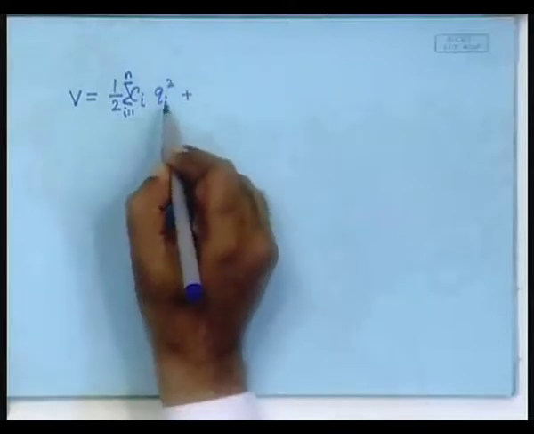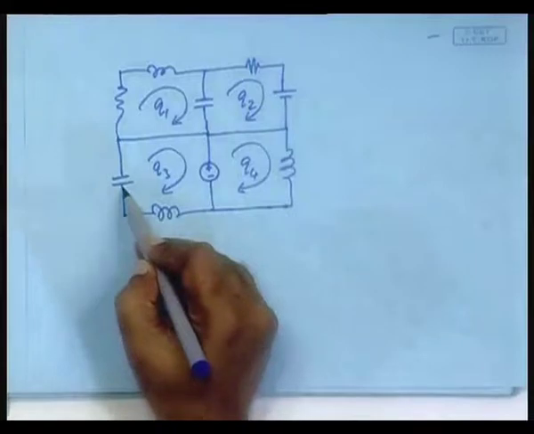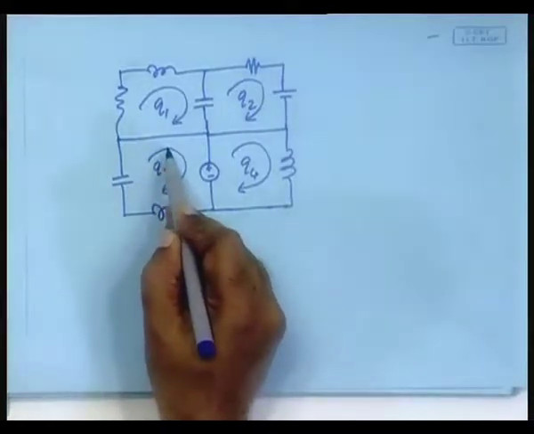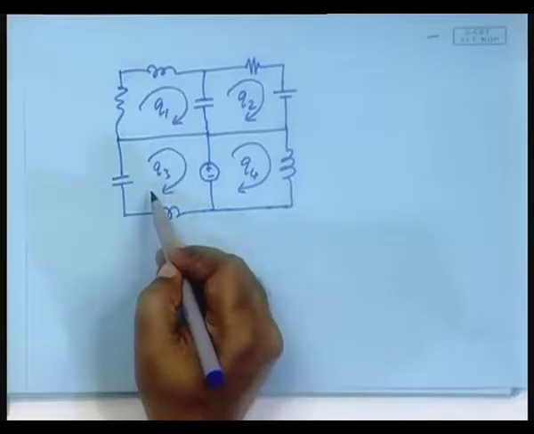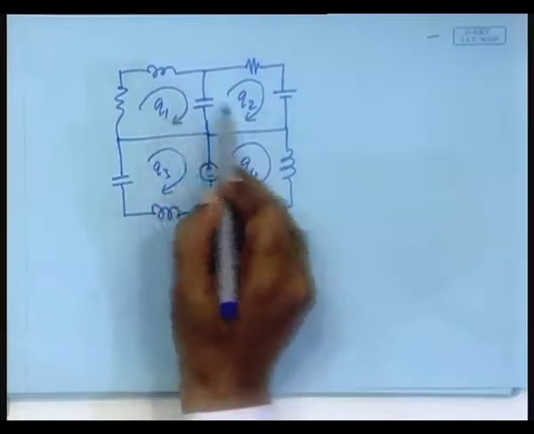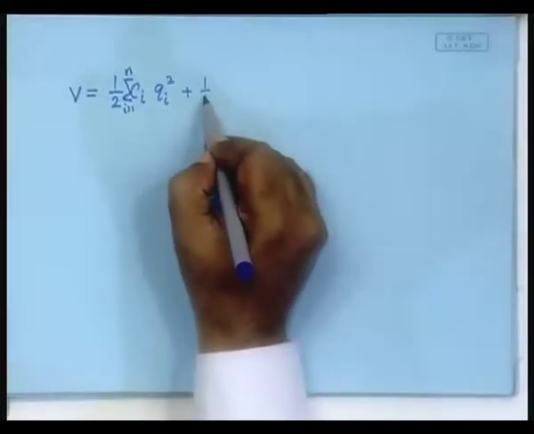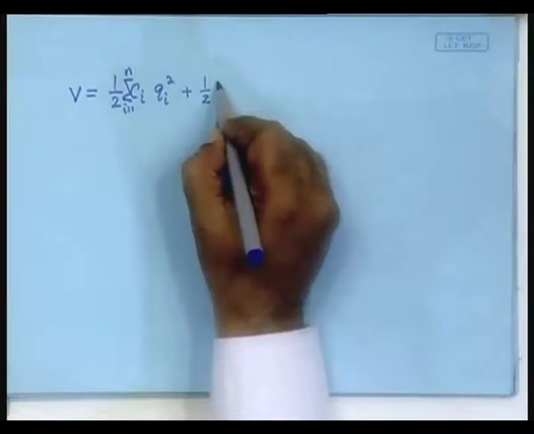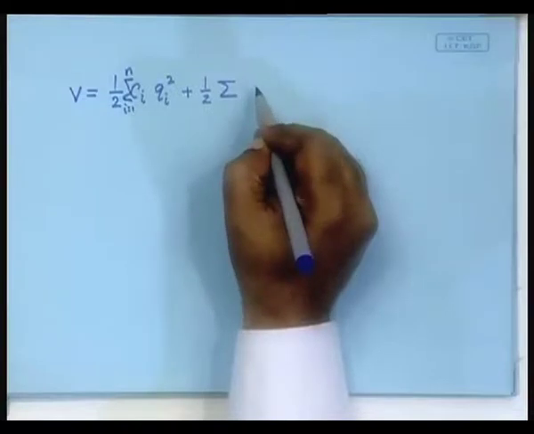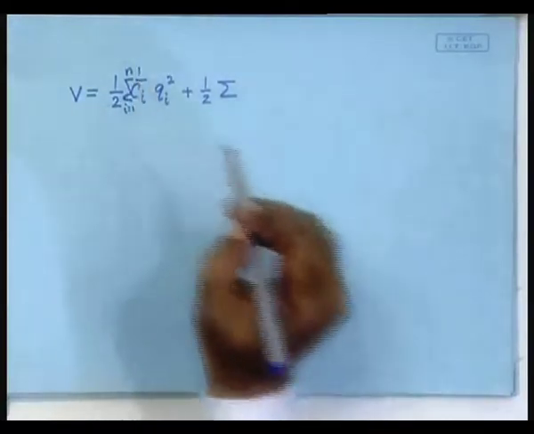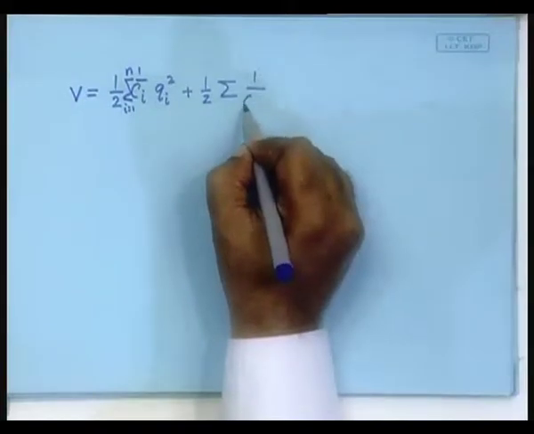Then notice that in situations like this, where a capacitor is placed in a branch, the charge flowing through the capacitor is the state variable, but there can also be situations like this where a capacitor is shared between two branches. So, that will have to be written as again half, we will have to sum up over something, I will write that later, and it will be 1 by C_ij.